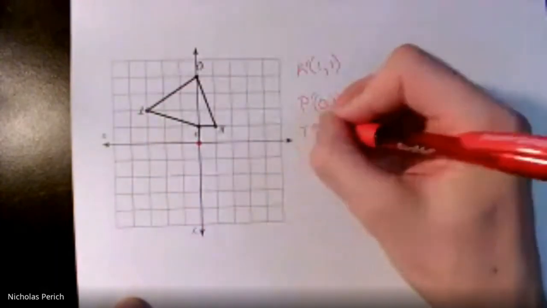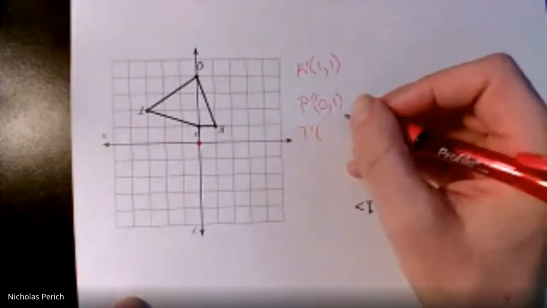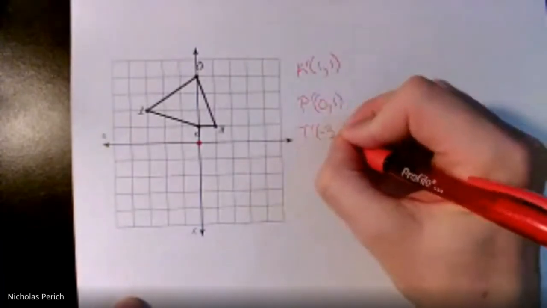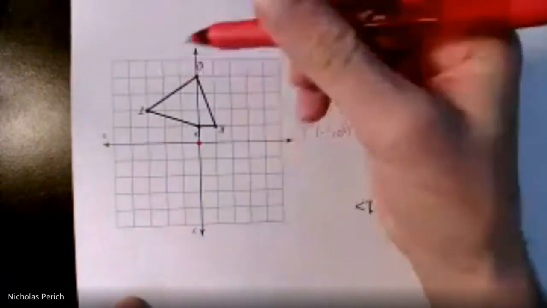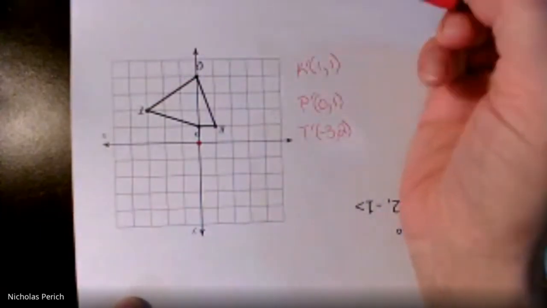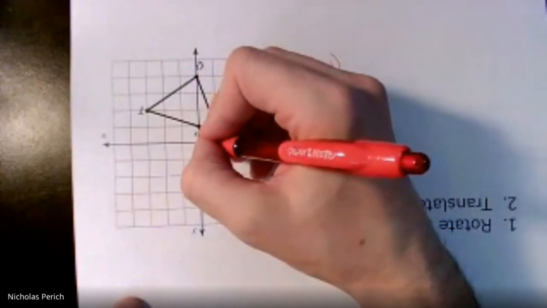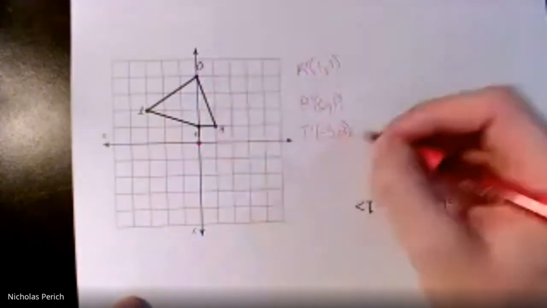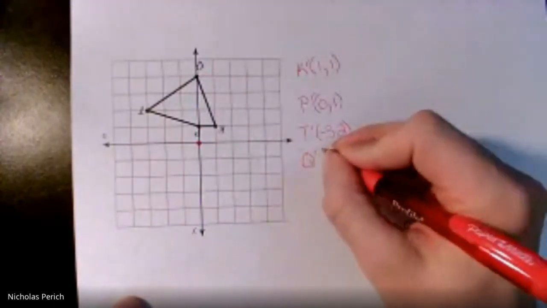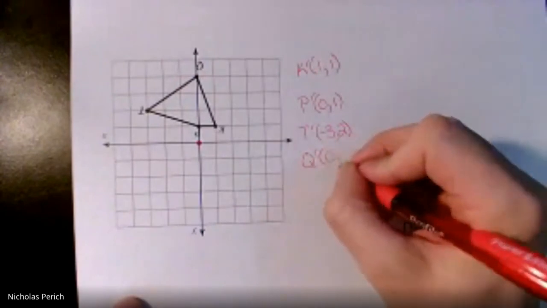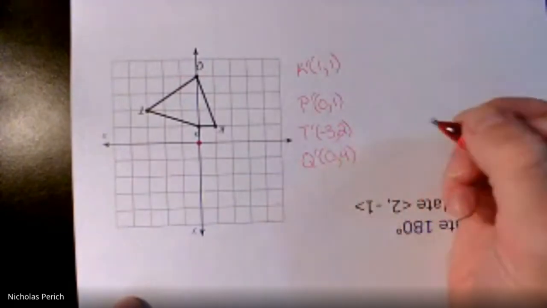So T prime, which is funny. I've heard of T-pain, but I've never heard of T prime before. I've also heard of TI, but T prime, that's different. And Q prime is going to be up 1, 2, 3, 4. So Q prime is 0, 4. That's funny. I've heard of Q and, oh, you know what?